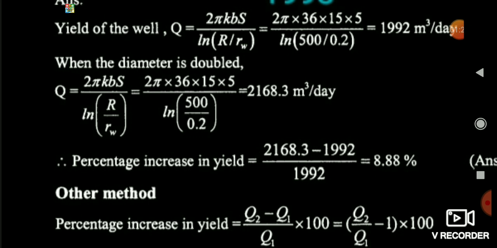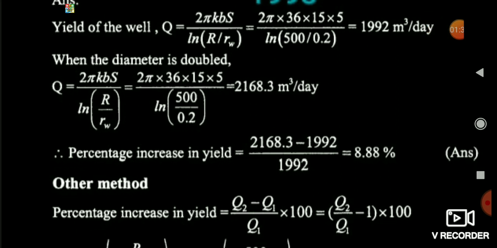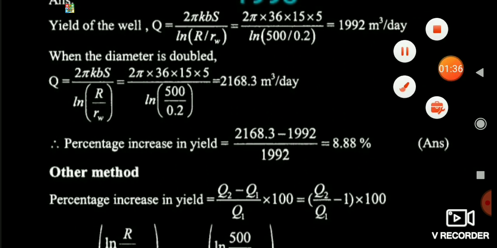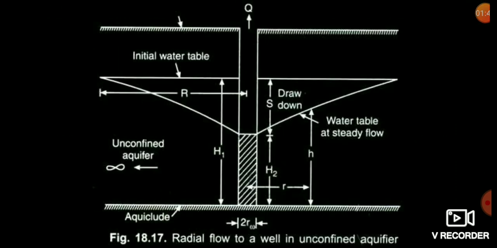The drawdown at the radius of influence is 0, and the drawdown at the radius of the well is highest, that is s. Means the highest drawdown is observed at the radius of the well and the lowest drawdown is observed at the radius of influence. Once again I will show you this diagram.